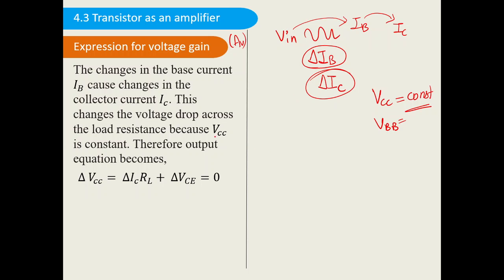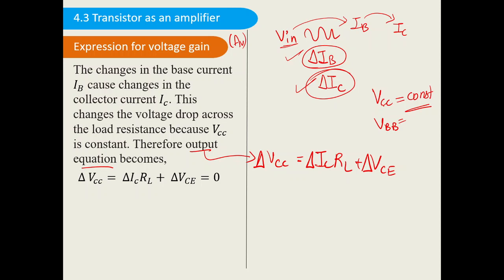If you remember, the output equation was VCC equal to IC RL plus VCE. Now the input is changing, that will change the base current and this is going to change delta IC. So the whole thing has to be written in the changes form. Delta represents changes. Changes in VCC result in changes in IC and changes in VCE.